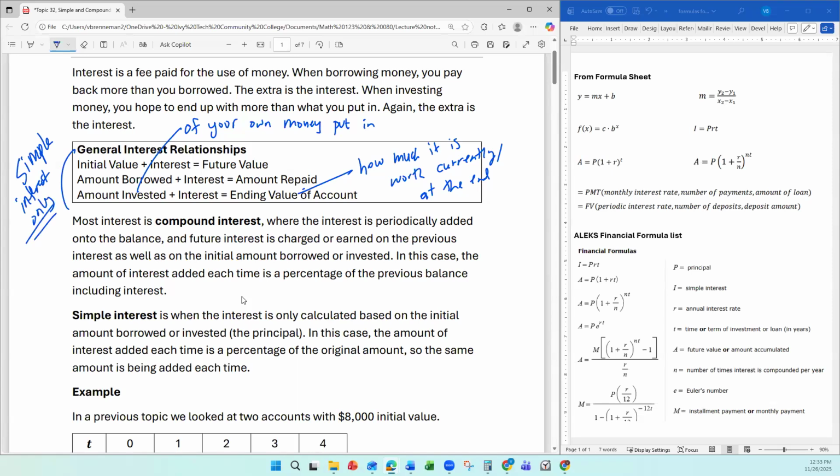The relationships are the same, but for simple interest only, you can find the total interest, add that onto the initial value to get the future value. That whole process is simple interest only.